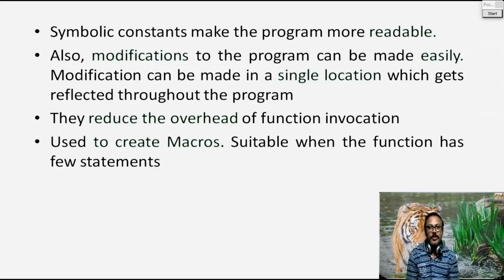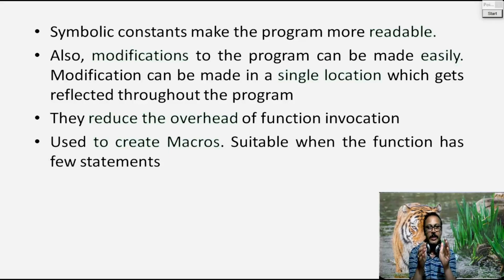Symbolic constants make the programs more readable. Modifications to the program can be made easily, and modifications can be made in a single location. They reduce the overhead of function invocation.